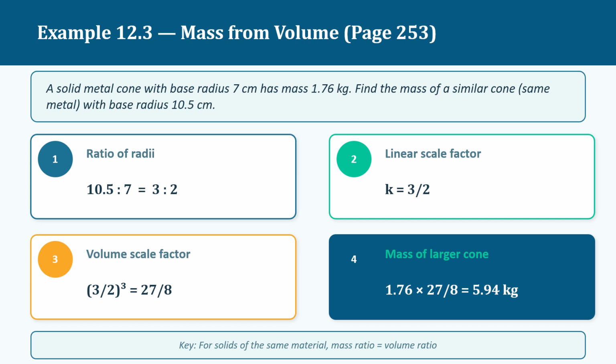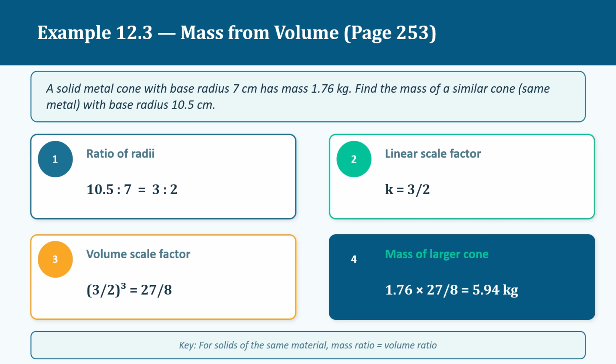Why are we interested in finding the mass? The key here is understanding that for solids of the same material, the mass ratio is equal to the volume ratio. If the material is the same, we have the same density. So we're going to use the volume scale factor to get the mass, since we have been told that the material of these solids is the same.